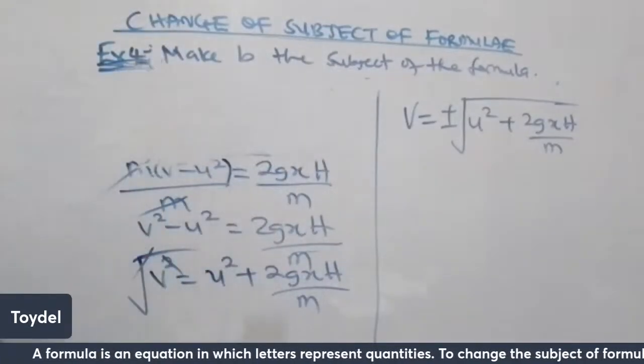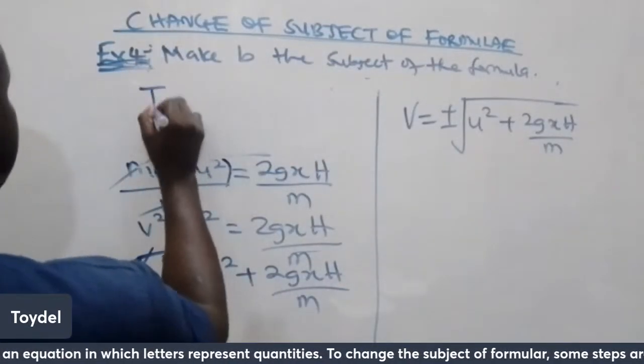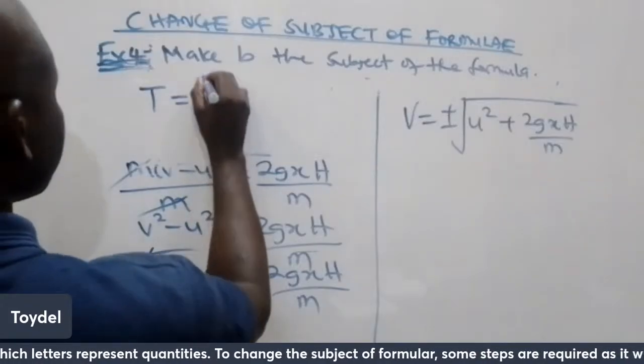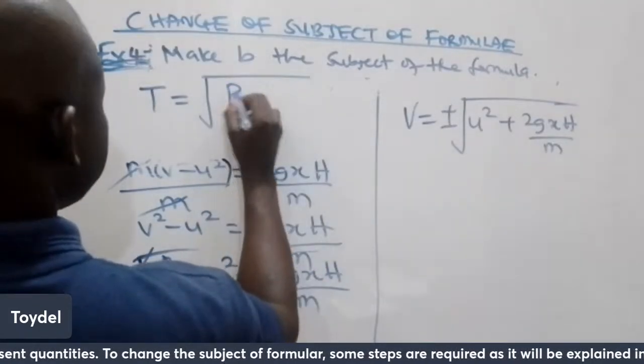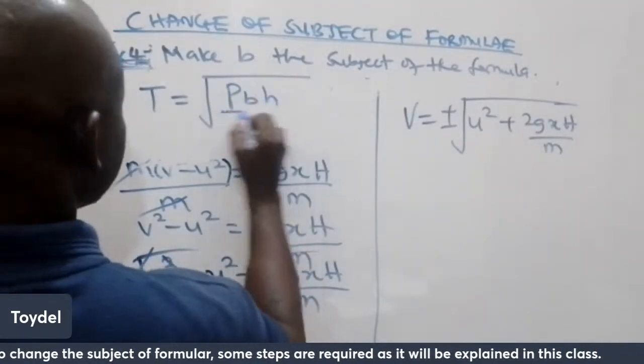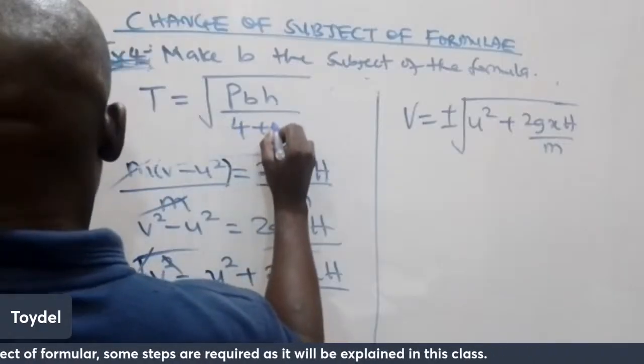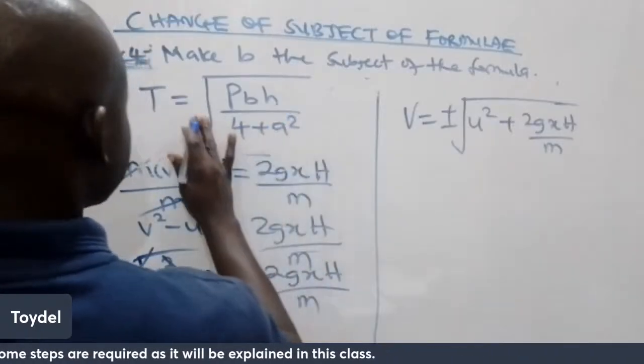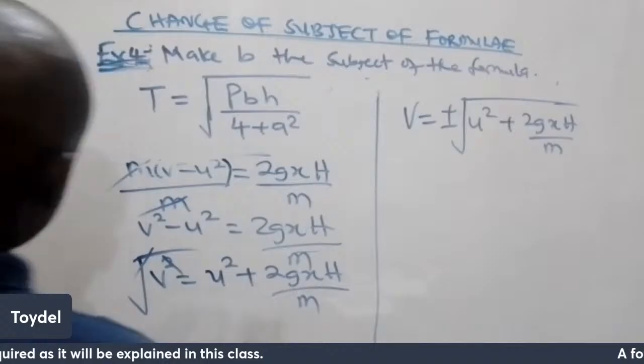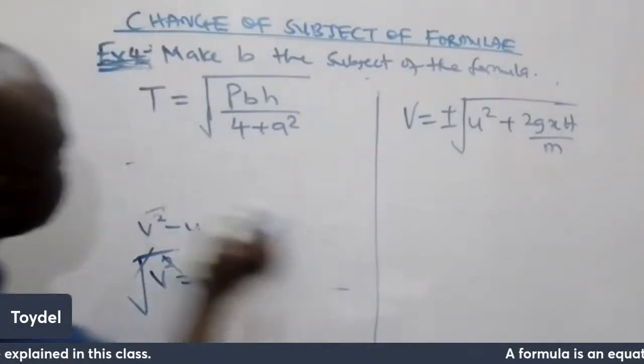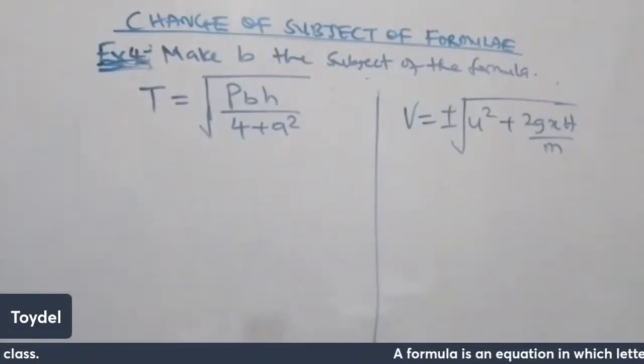Let me write it. We are given capital T to be square root of pbh all over 4 plus a squared. This is what we are given. So we want to make b the subject of the formula. So what do we do here?